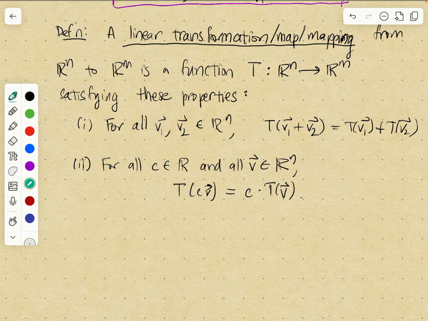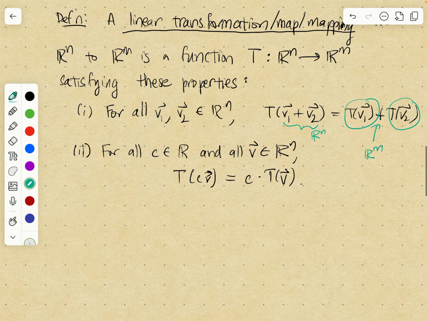And let's just clarify what's going on here. So in this first condition, V1 plus V2, this is in Rn, okay? And this addition, this plus here, this is in Rm, because T of V1, this is a vector in Rm, this is a vector in Rm, and when you add them, well, you know, we're talking about Rm here.